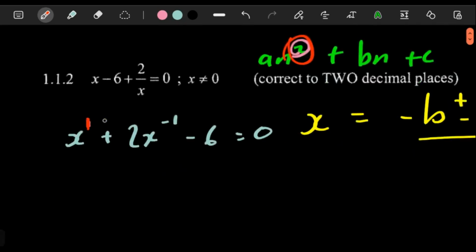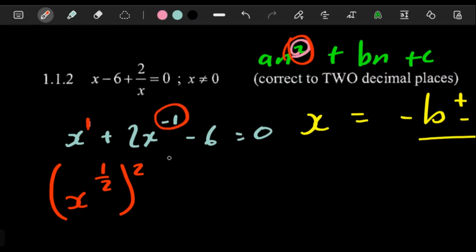So once you know that, you can write this as x to the power of a half, and then you put it to the power of 2, because a half times 2 is what's going to give you this 1. Now if we have x to the power of a half here, we may want to also have x to the power of a half over here.